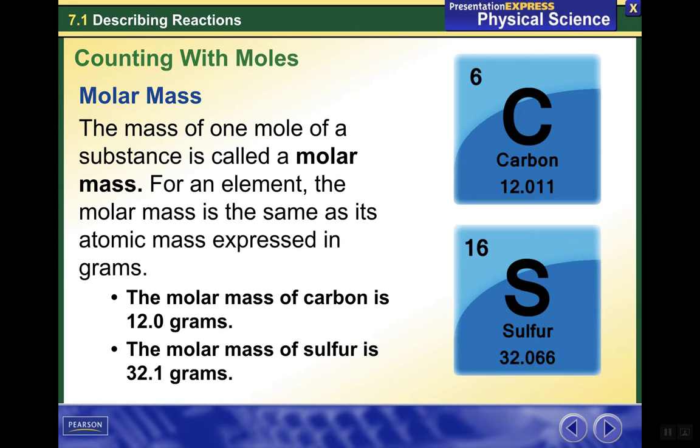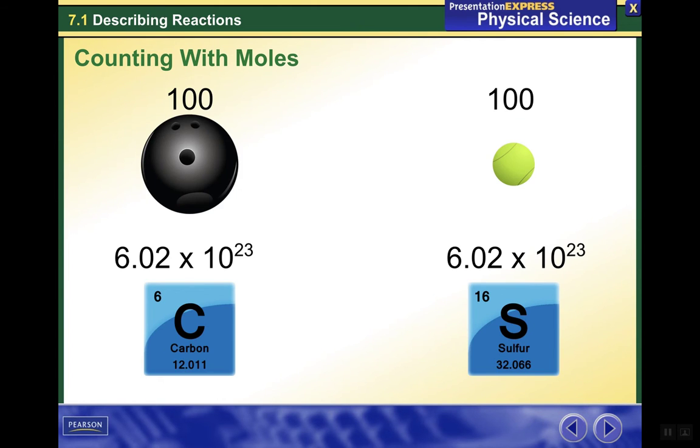Now if you look here on this page, a mole of carbon weighs 12 grams. A mole of sulfur weighs 32.1 grams. That's because sulfur is a bigger atom. It weighs more, just like a bowling ball weighs more than a tennis ball. It's bigger. So sulfur weighs more than carbon because it's bigger. It has more protons and neutrons. Therefore, it has more mass. Okay?